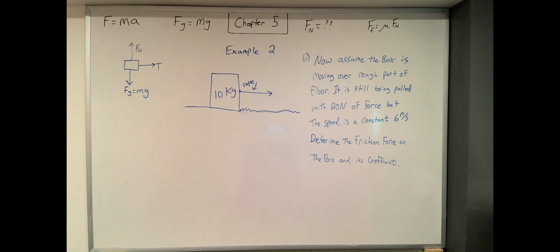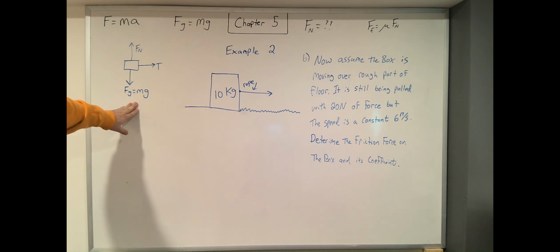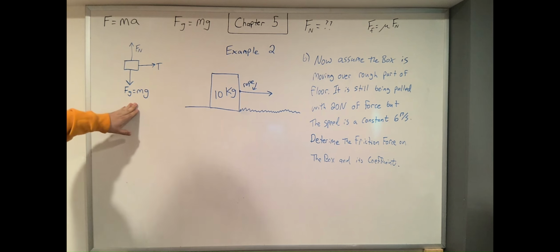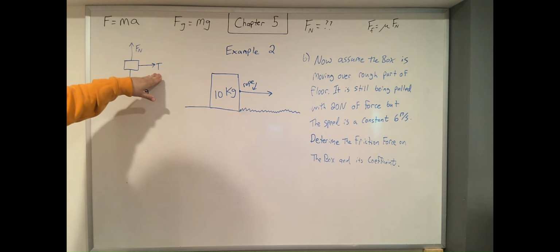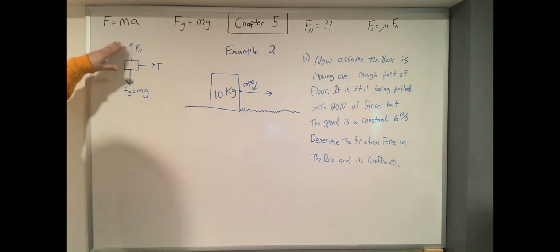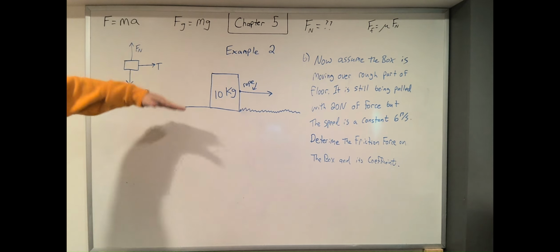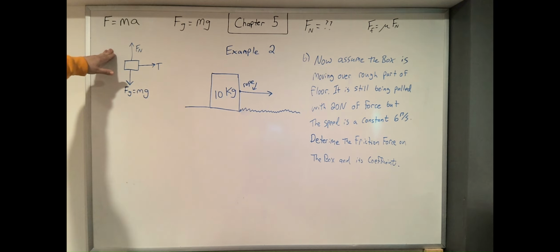Okay, so we go back to our free body diagram. That's always where we want to start with these things. Gravitational force is still in full effect, okay? The tension on the rope, it's still being pulled horizontally, so we don't worry about that. That stays the same. The normal force remains the same. It's counteracting the floor that it's on, so it's pointing up.